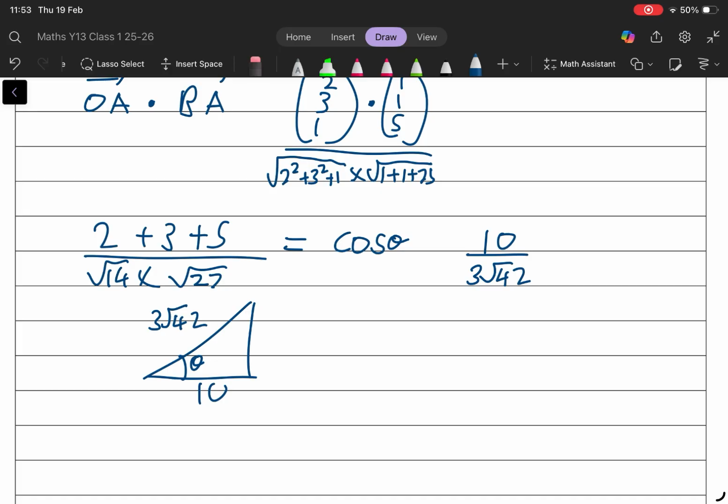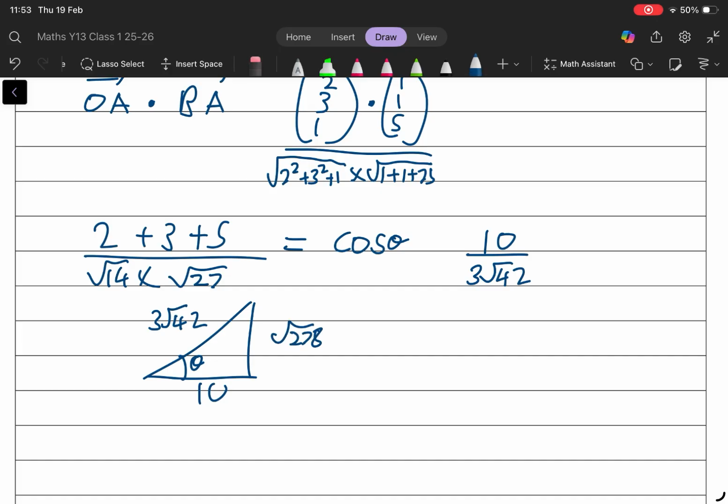So we do 3 root 42 squared minus 10 squared, which gives us 278, so this is root 278.